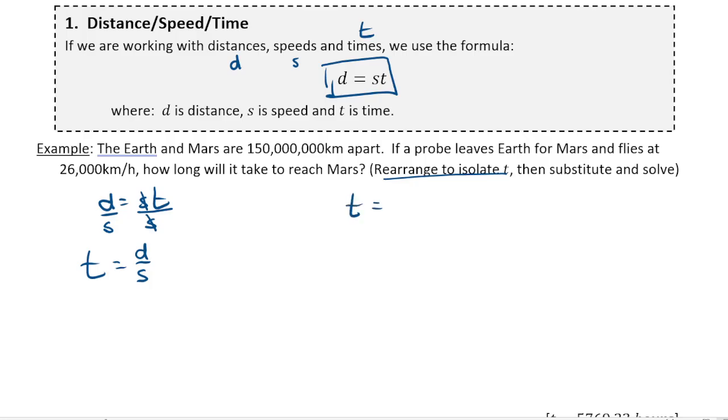So if t is equal to d over s, well, they're this far apart. That's a distance. So we plug that into our formula. t is equal to, our d value is 150 million.